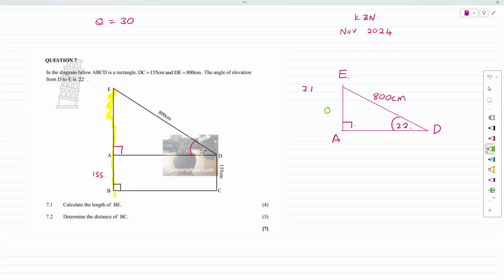So this is the opposite, hypotenuse, and adjacent. Now the part I'm aiming for is here, because I already know that this is 155. It's quite simple, but let's work with it. You and I can figure out that we got the angle, we got the hypotenuse, but we want the opposite. In terms of SOHCAHTOA, which we've been doing for a while, we know that OH uses sine.